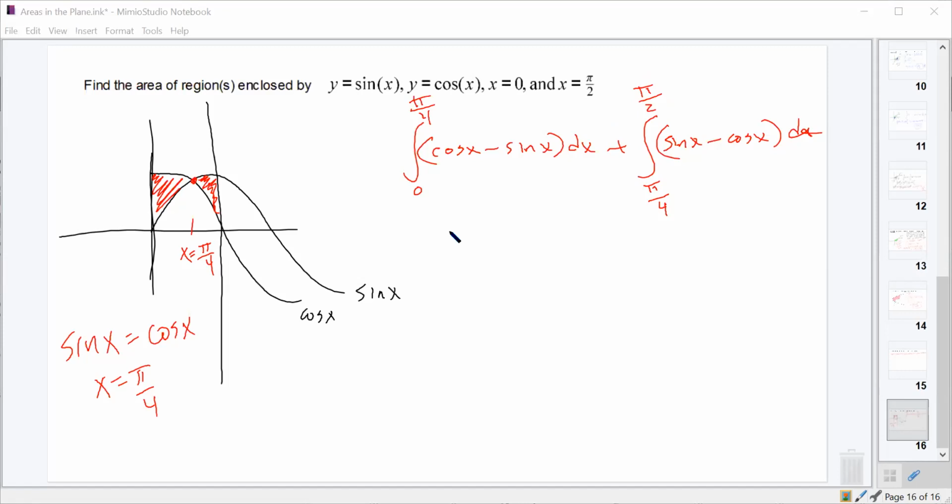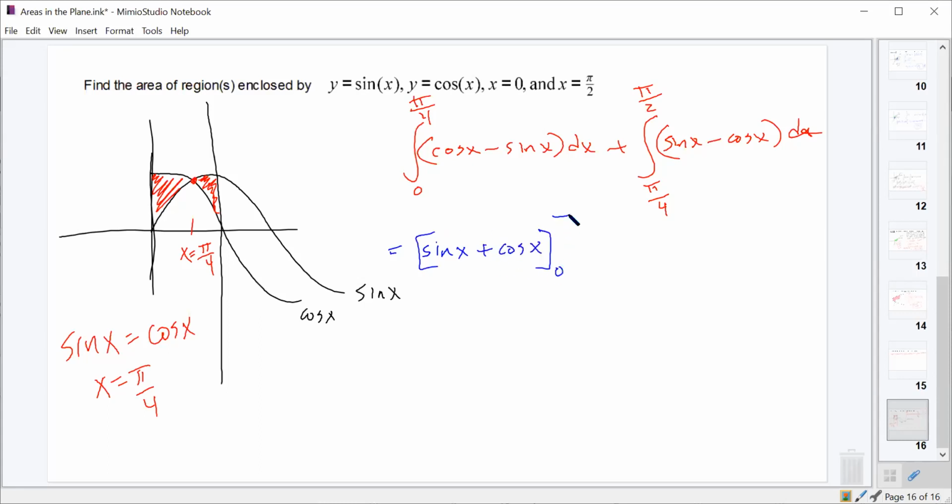Okay. So what's the integral of positive cosine? Positive sine. What's the integral of negative sine? Cosine. Positive cosine. Good.